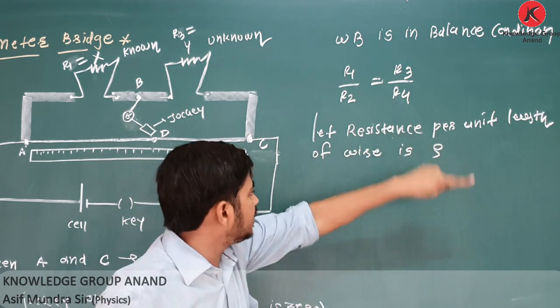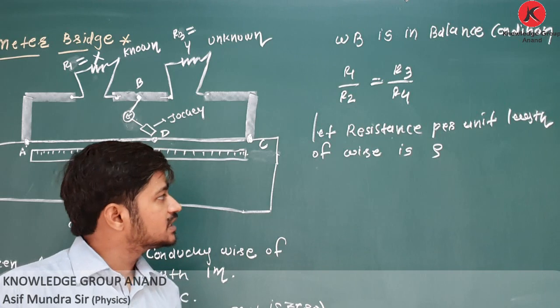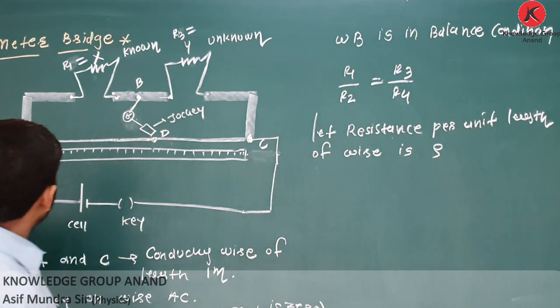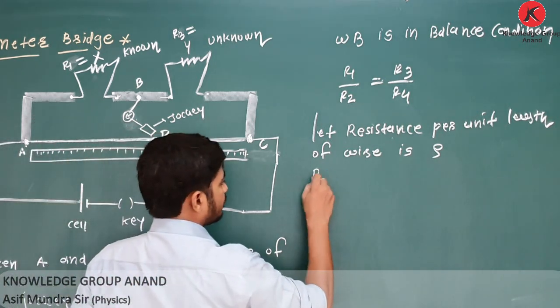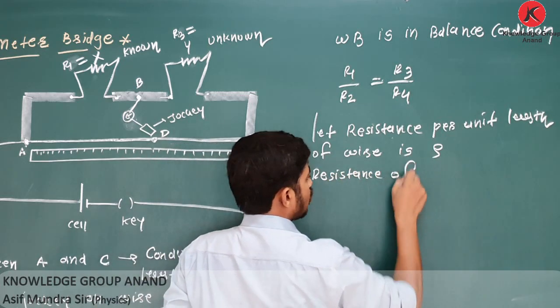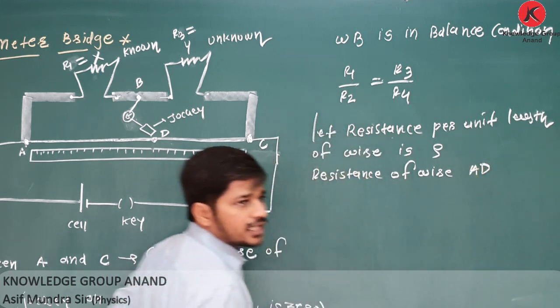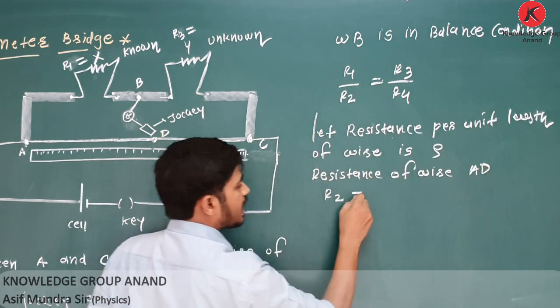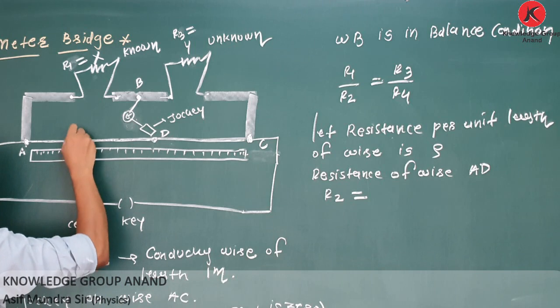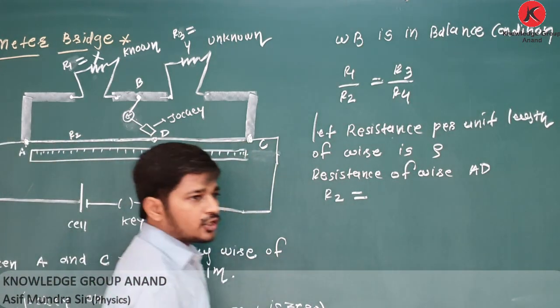Resistance per unit length of wire is rho, which means if I have unit length, its resistance is rho. Now the resistance of wire AD is denoted by R2.